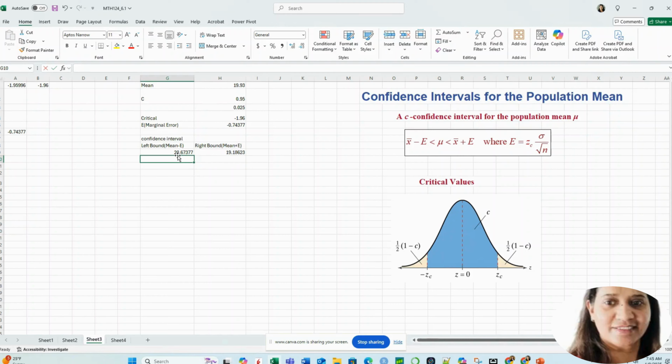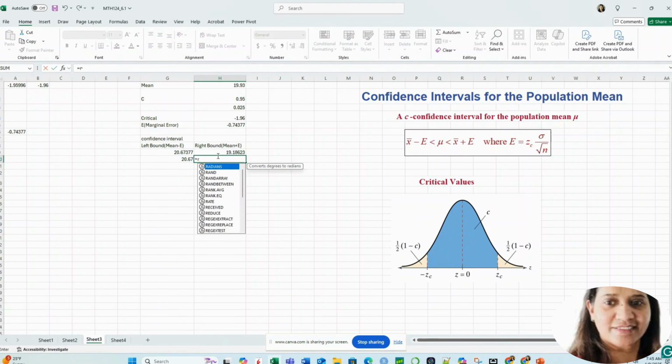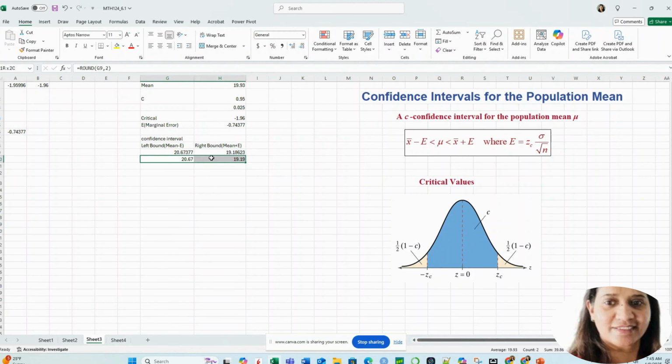So I will type equal round this value, comma 2, and here equal round this value, comma 2. So then we highlight this. We found our confidence bound. Left bound is 20.67 and 19.19 is the right bound.